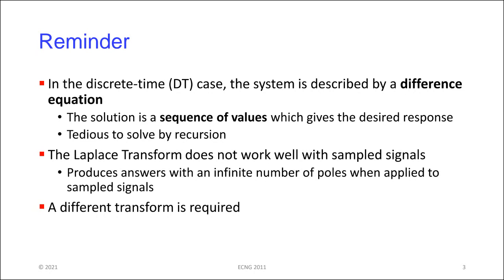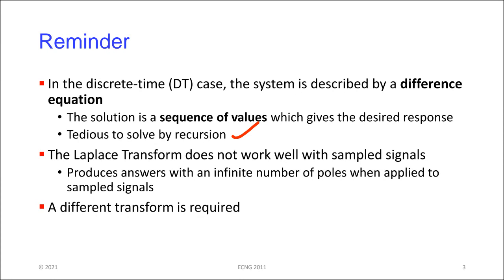And the solution is a sequence of values which gives the response of the system that you're looking for. You can solve the difference equation by using something called recursion, which works in all of the simplest forms. But usually when it gets more tedious, then you have to resort to something else.